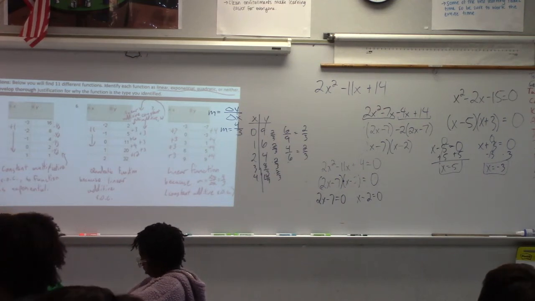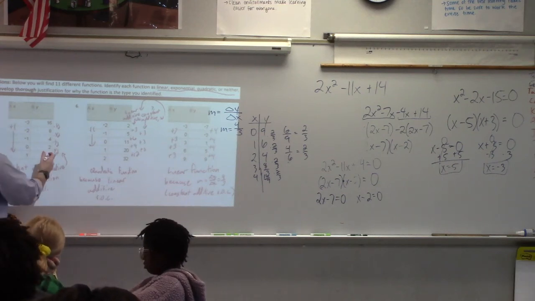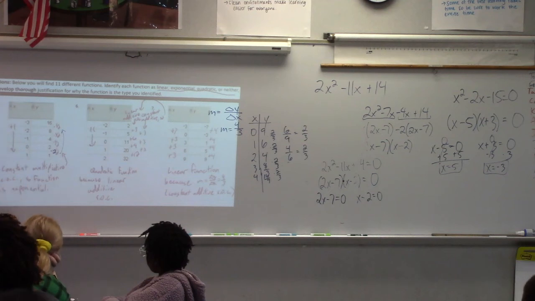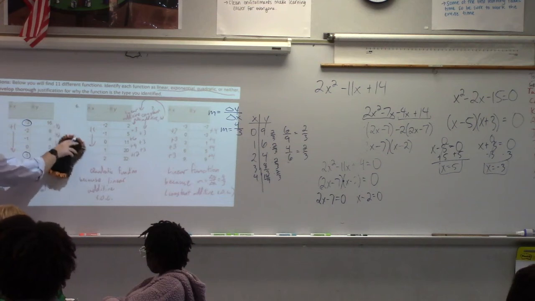The big thing on number 5, most of us, or some of us, I will say this, talked about multiplying by 2, meaning you were going this way. But remember, you read a graph from left to right. You go from the smaller x values to the larger x values. So it's not multiplying by 2.